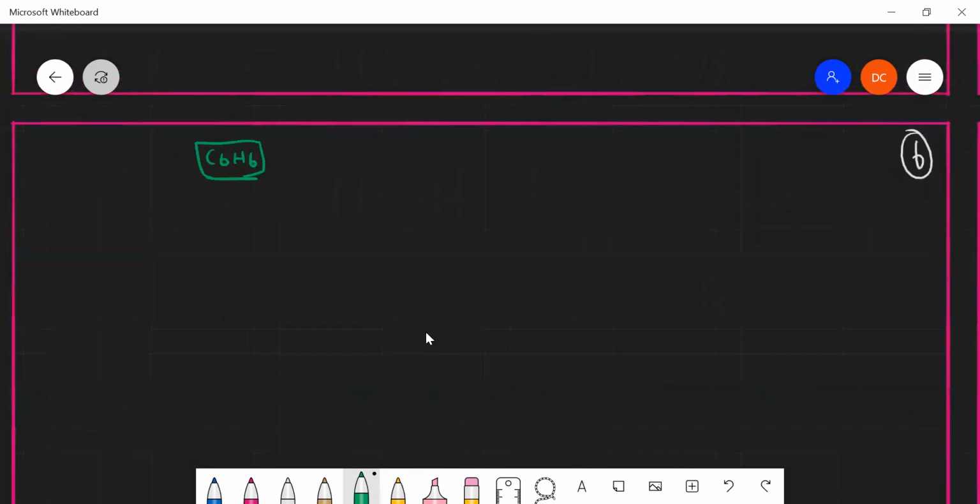If the compound wants to be aromatic, what conditions should be there? Say, for example, consider whether this compound is aromatic or not. You have to check some conditions. If the compound wants to be aromatic, it should be cyclic. Yes, the first condition is satisfied, it is cyclic.